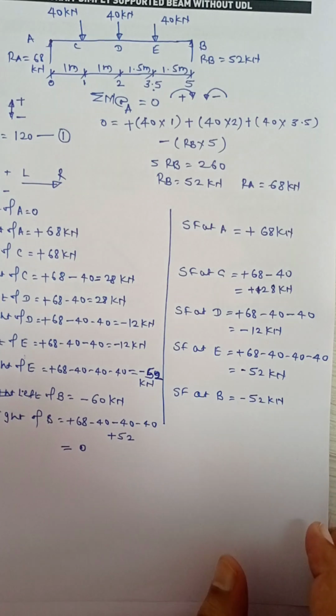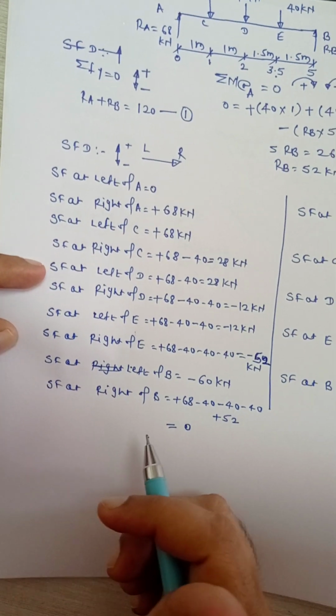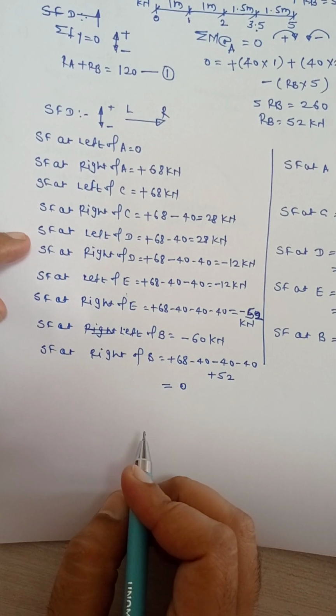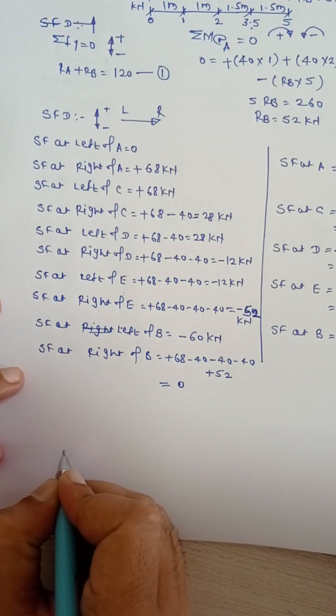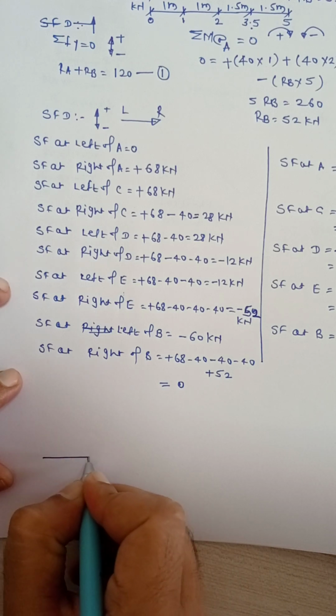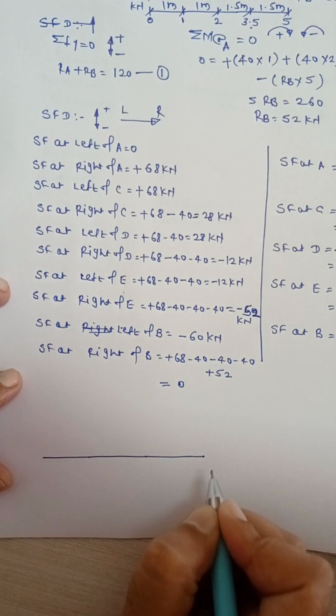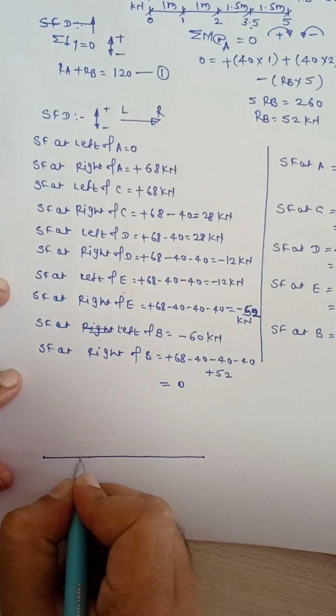Okay, so we are drawing the SFD now. First draw the 0 line, and on this 0 line mark the key points as it is.